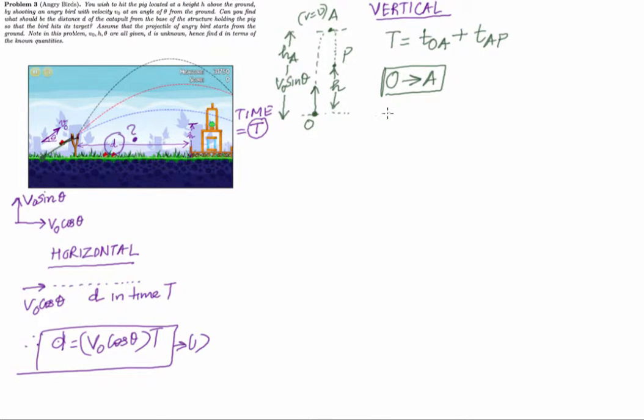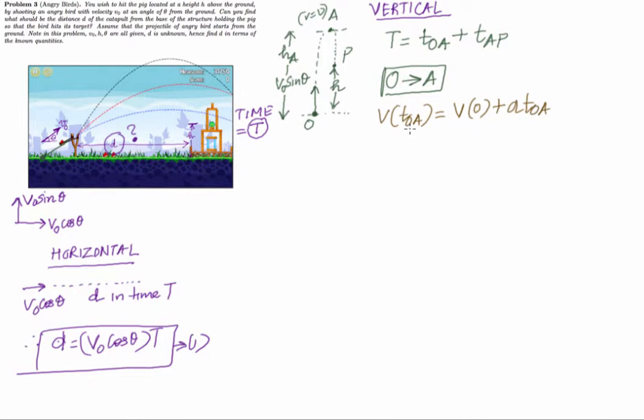Now we use the standard equations in kinematics. We can use the equation for velocity, that is v at time t OA equals v at time 0 plus acceleration times t OA.